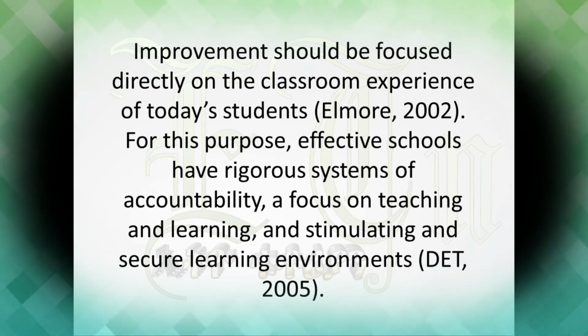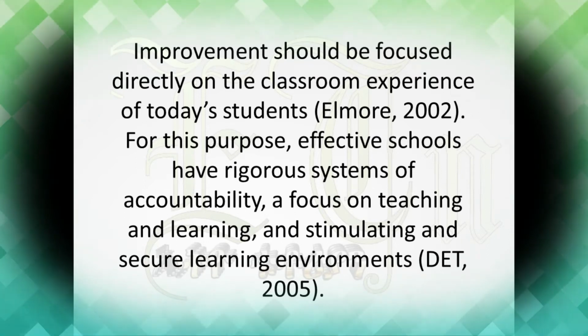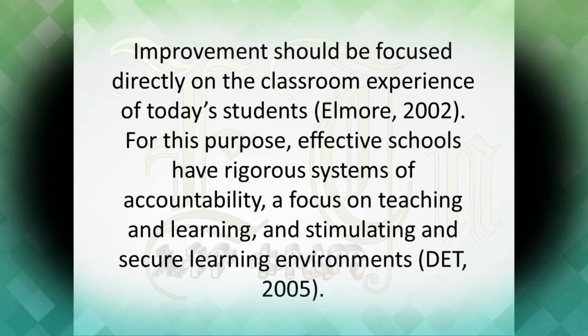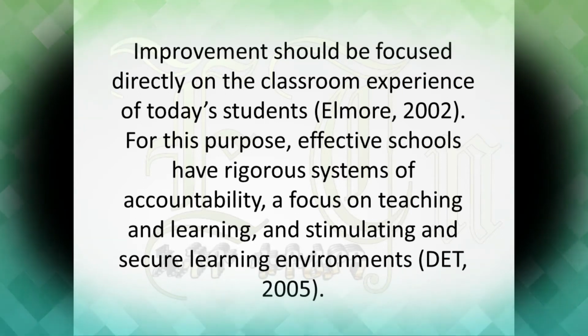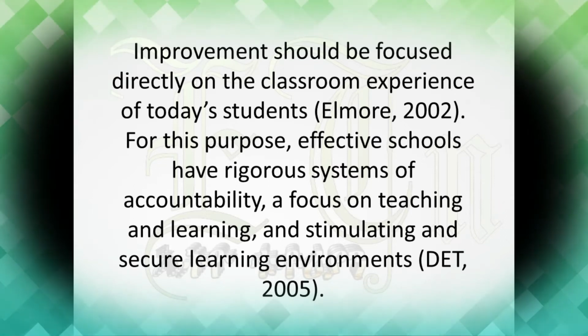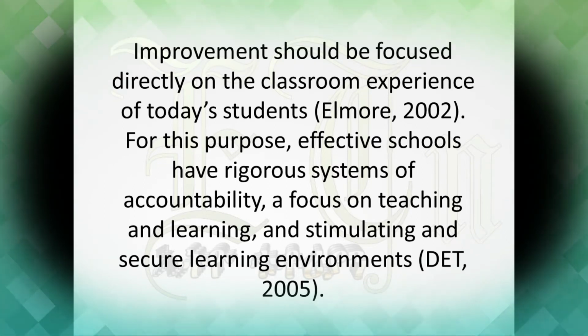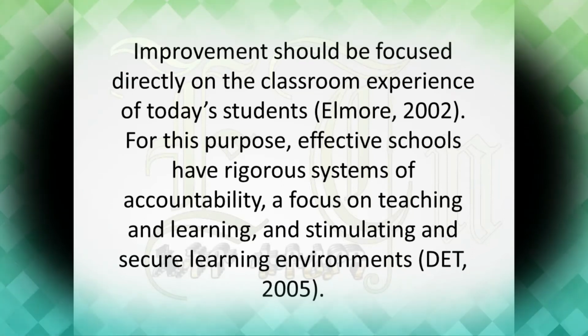Improvement should be focused directly on the classroom experience of today's students. Elmore, 2002. For this purpose, effective schools have rigorous systems of accountability, a focus on teaching and learning, and stimulating and secure learning environments. DET, 2005.